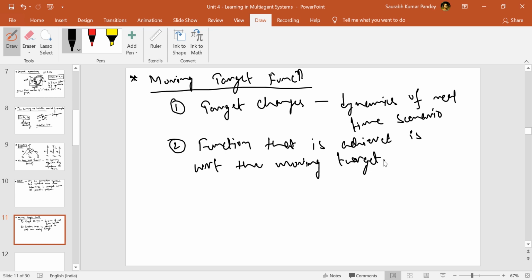So what these agents are doing: the target concept does not change randomly, the target gets changed because of your real time situation.